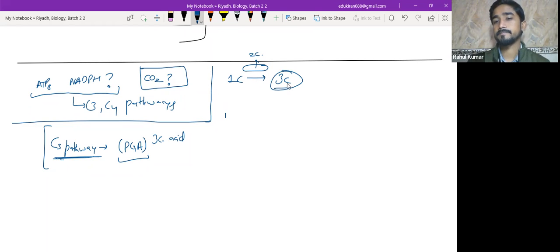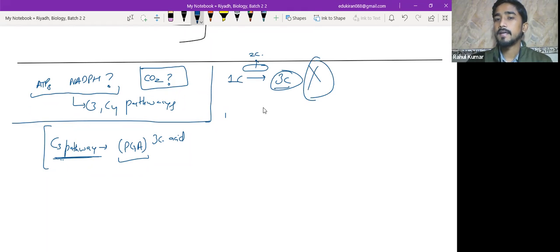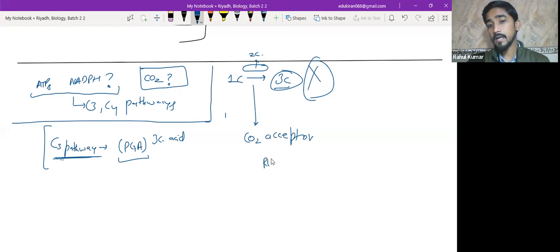This is what you would think logically. But this happened to be wrong. The CO2 acceptor instead was RuBP, which is a 5-carbon molecule.